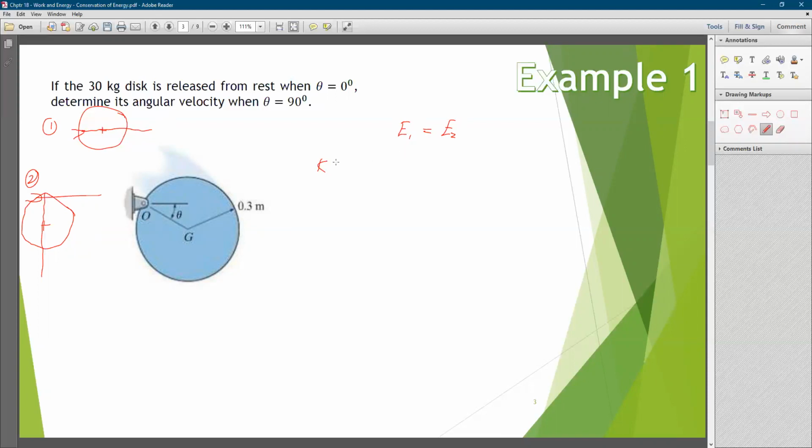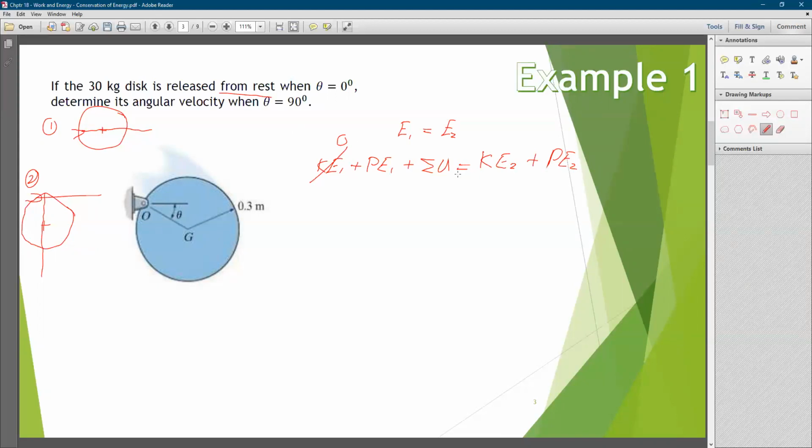In the general case, what we'll have is PE1 plus any losses or any external energy involved, friction as well, equals the final kinetic energy plus the final potential energy. In this case, it is mentioned that it starts from rest, so the initial kinetic energy is 0.